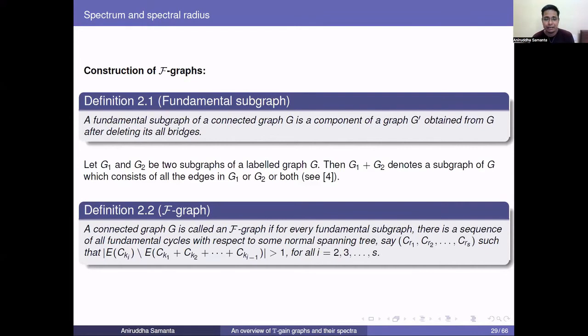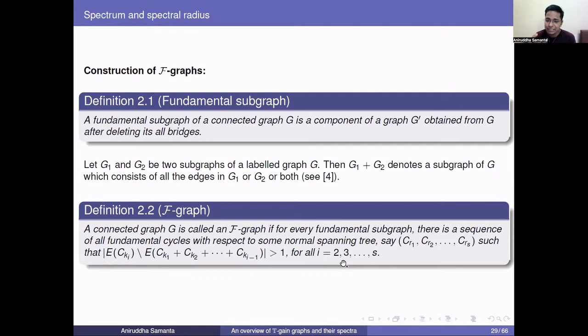Now, this is an F graph. A connected graph G is called an F graph if for every fundamental subgraph, there is a sequence of all fundamental cycles with respect to some normal spanning tree, let's say this sequence C_R1, C_R2, ..., C_RS, such that this inequality holds for all i.